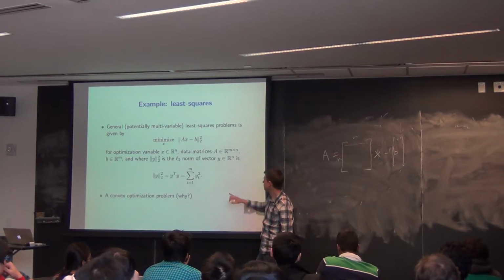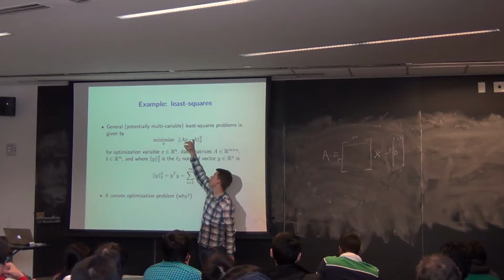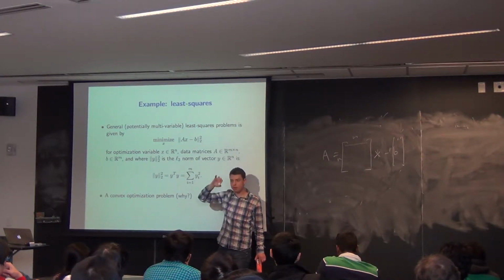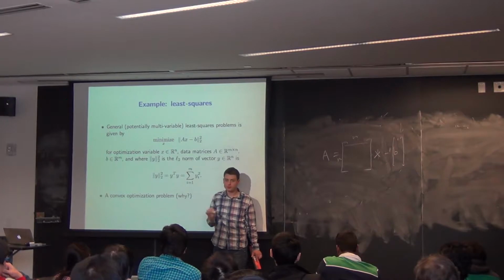That's Ax minus b, another vector that has all those terms. Then you take the squared L2 norm of that, the squared Euclidean distance, which is the sum of all the entries in this vector squared.